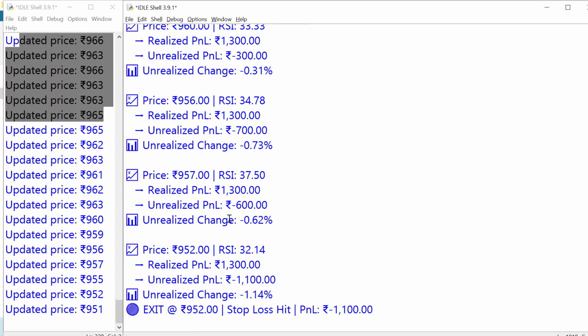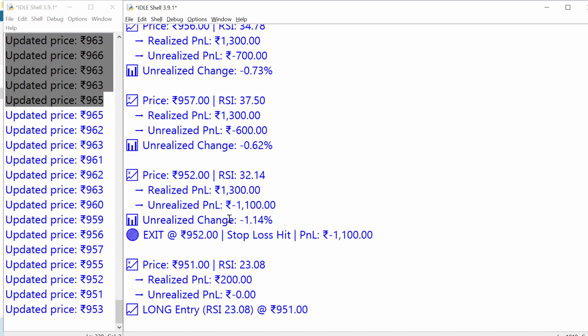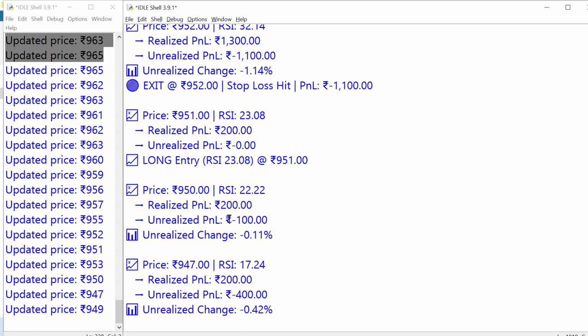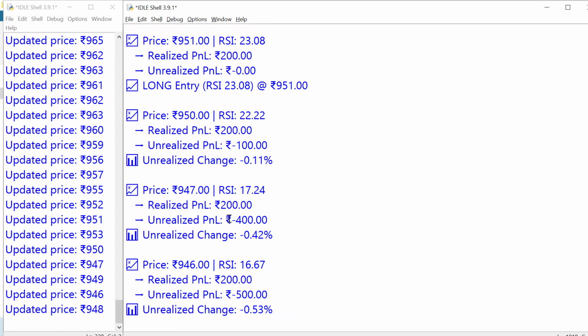Okay, we have a stop loss hit. It's completely okay. See, once you feel like, okay, I have got the complete profit in my actual logic, then you can just stop your algo manually. Okay, so I think one entry over here, long or short.